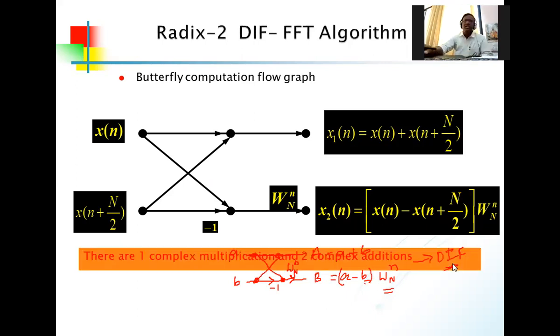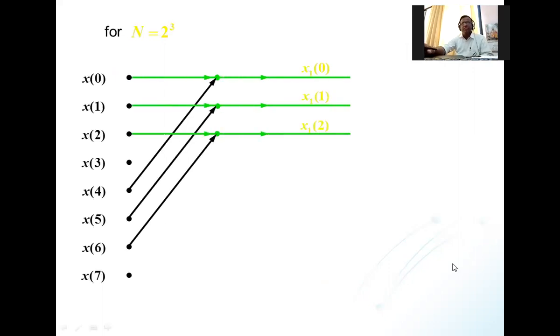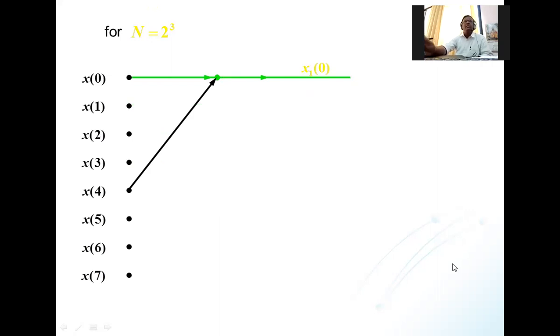So next, we will understand the complete butterfly diagram for 8-point DIF. Here we are adding the first half part with the second half part. This is the first half part and this is the second half part.